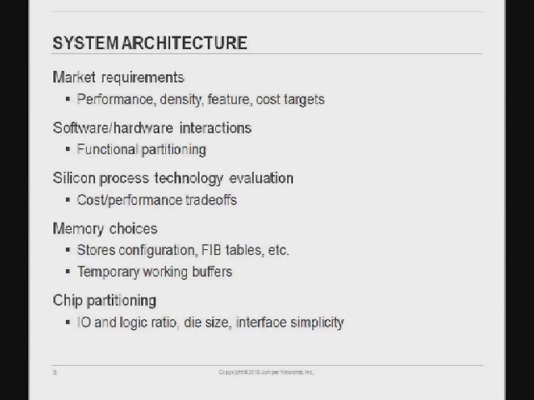And we use memory for working buffers, delay bandwidth buffers, congestion management, and also to store configurations, the forwarding tables, the access control lists and all of that. And the choice of memories plays a very important role in determining the feature and the cost of the finished system. And then we also look at chip partitioning, and we have to make sure the partitioning makes sense in terms of feature, performance, and cost targets.